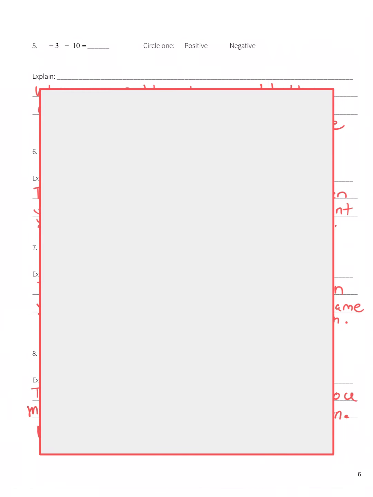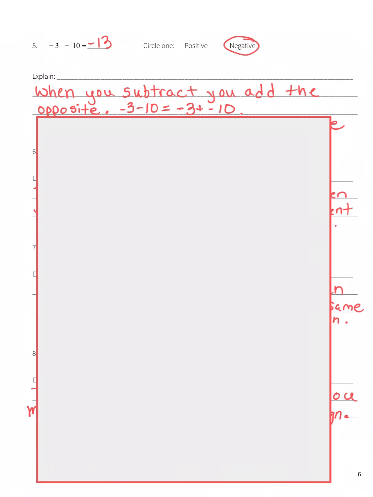Our first problem, we have -3 minus 10. -3 minus 10 is -13. So the answer is negative. And why is that? When you subtract, you add the opposite. So -3 minus -10 is equal to -3 plus -10.